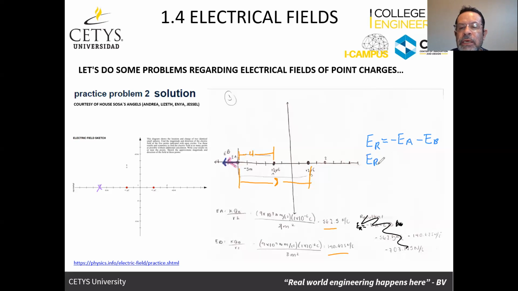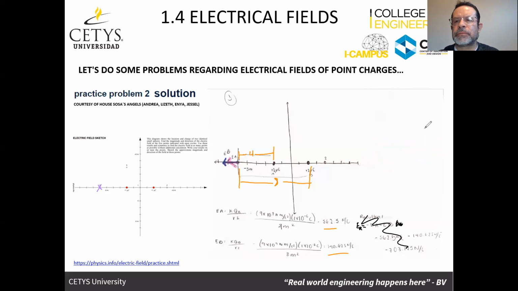So that means that ER is going to be minus 562.5 newtons per Coulomb minus 703.125 newtons per Coulomb. I have a little bit more space up here.